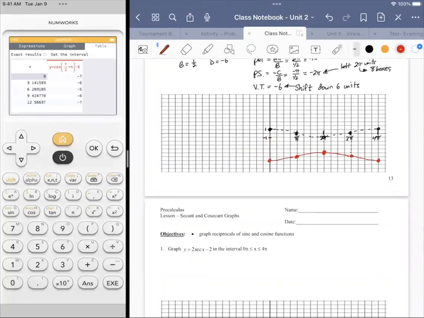We're going to talk about the secant and cosecant graph. Now, it sounds like we're going out of the frying pan into the fire, but I can tell you that there isn't procedurally much difference between sine and cosine and the secant and cosecant graphs. There's just one extra step at the end.